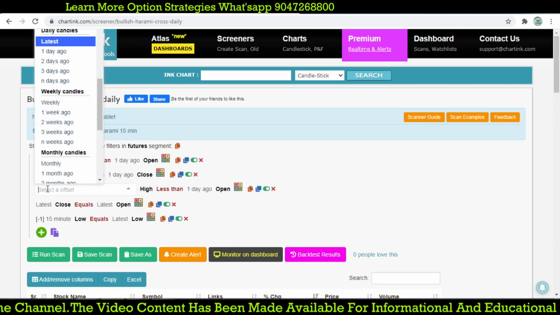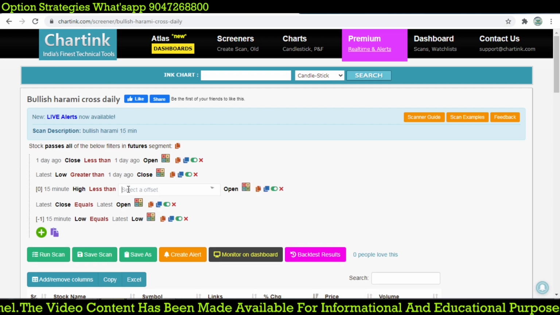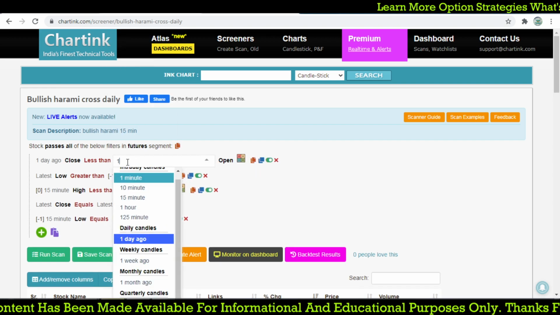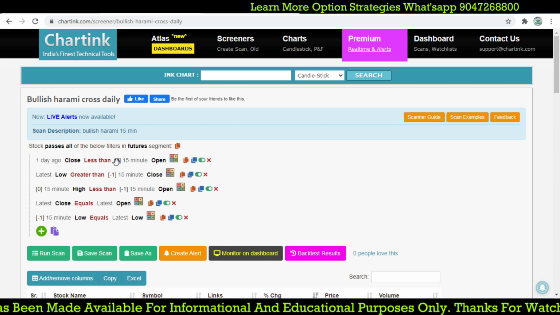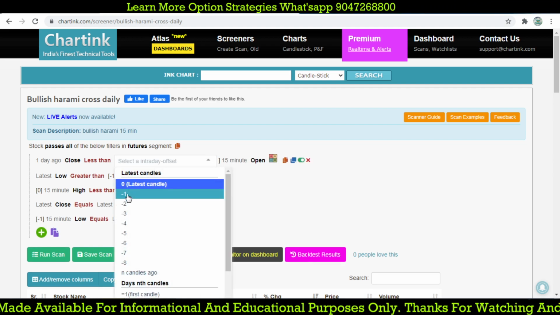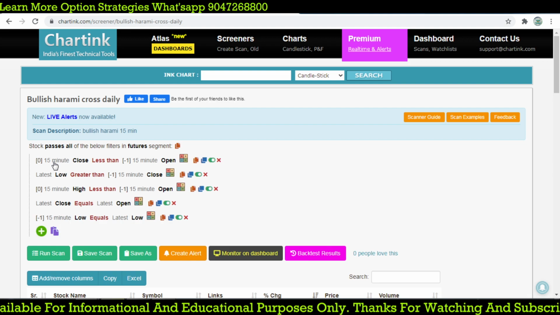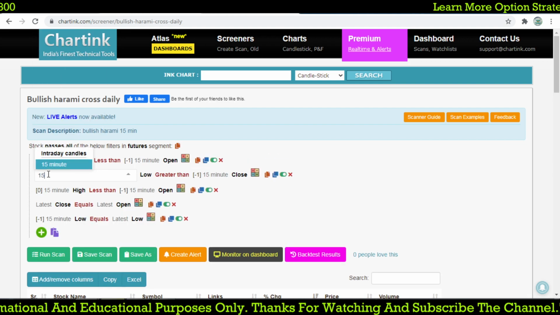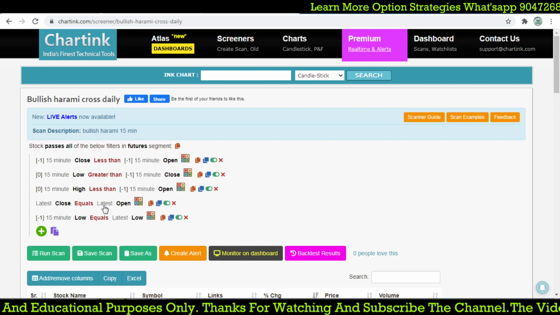Here latest high plus 15 minutes minus 1, oh right, 15 minutes minus 1 candle, so that should be a red candle. The second one, 15 minutes, everything okay.